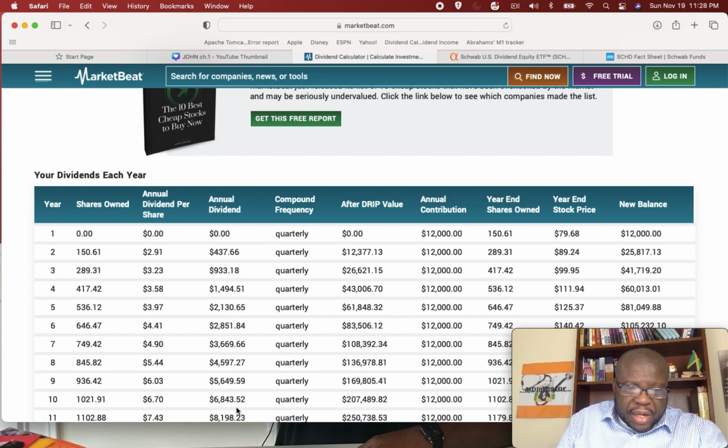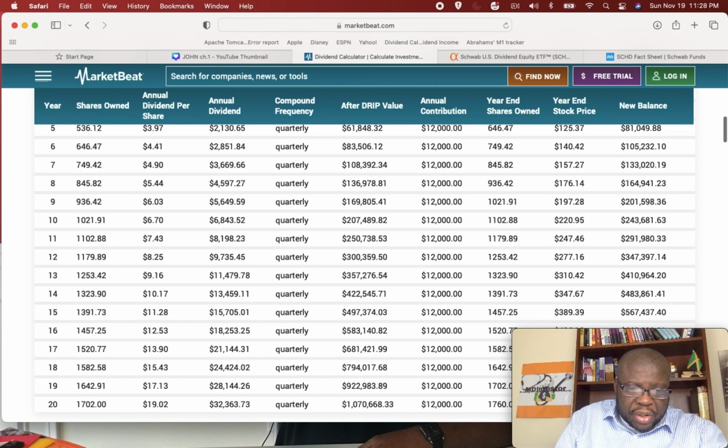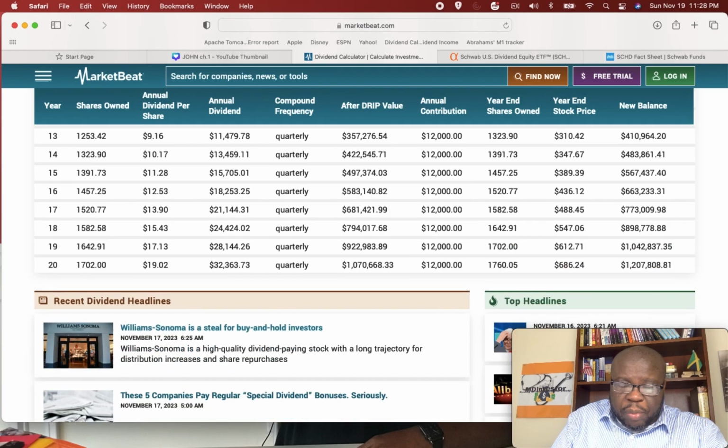After 10 years, almost $7,000 annually. After 15 years, you're getting $15,000 annually in dividends. And after 20 years, you're getting about $32,000 in annual dividends, and your portfolio value is going to be $1.2 million.